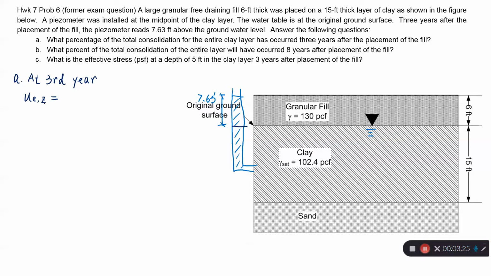This z is actually at the midpoint, at the mid depth. So u_e at mid depth is going to be 7.63 feet times 62.4, the water unit weight, which equals 476 psf.